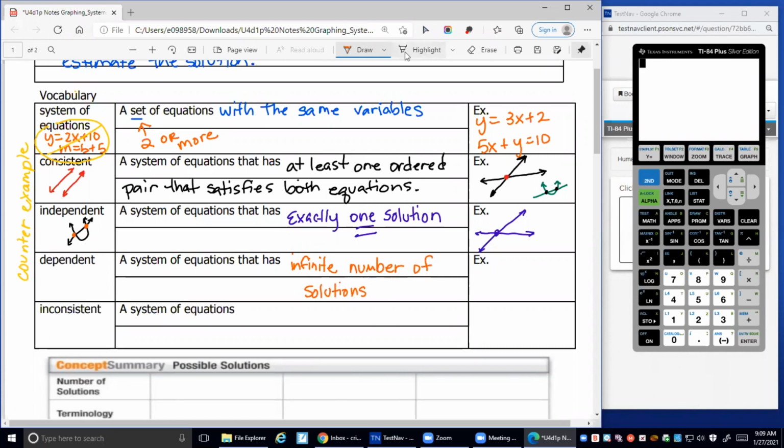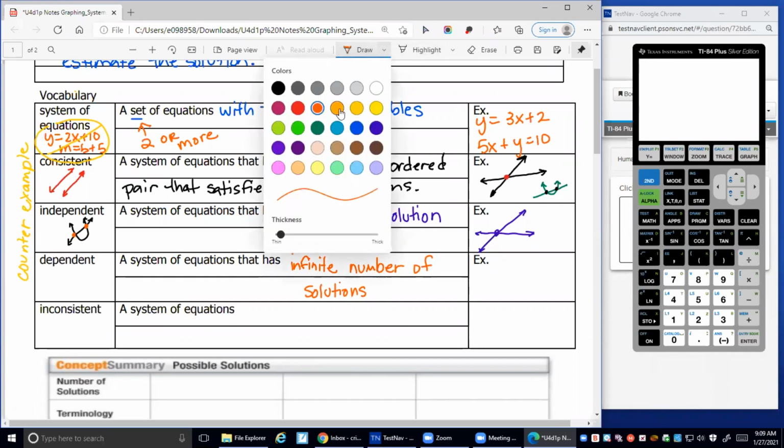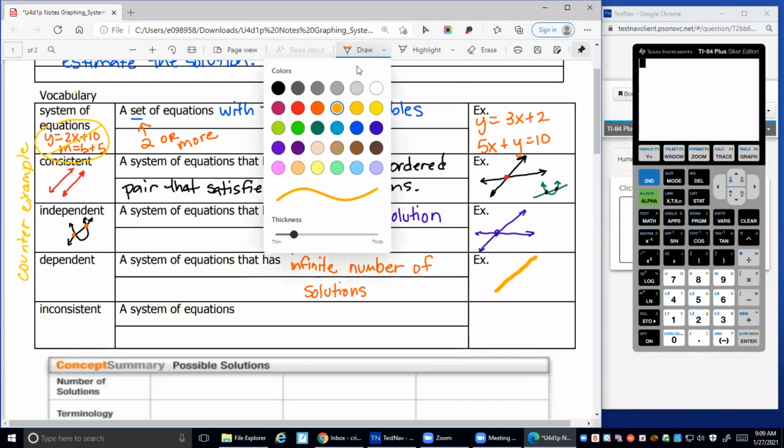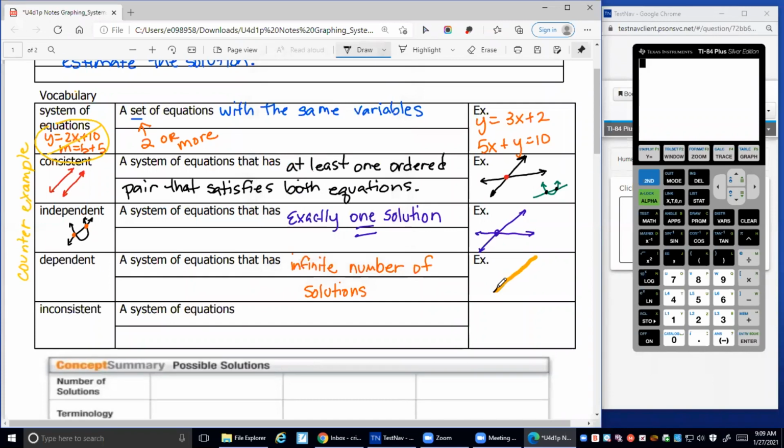Okay, and what happens here is, let's say I've got a line like this. I'm going to make it way bigger. Okay, and I'm going to put a little line on top of it. And here they are. They're like always touching. You see that? They're touching here, they're touching there, they're touching everywhere.